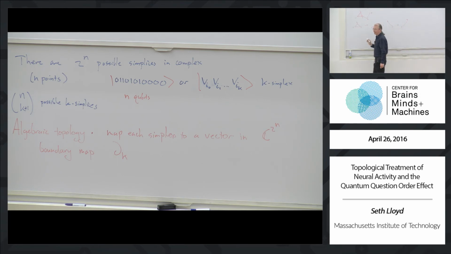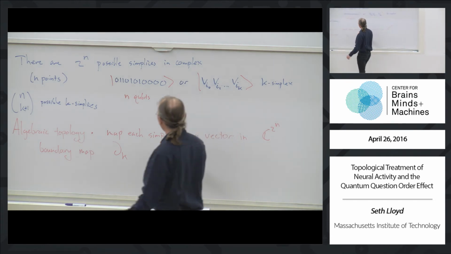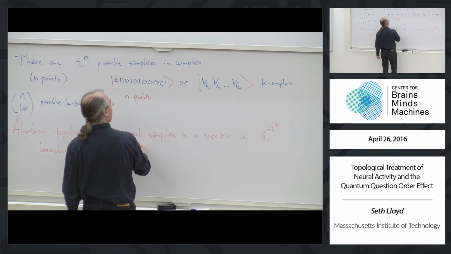But there's a sneaky feature about this. These are vectors. They sit in this vector space. And you actually alternate minus signs. So you actually subtract this one. You'll see why in just a second. So the boundary map acts on a vector like this.